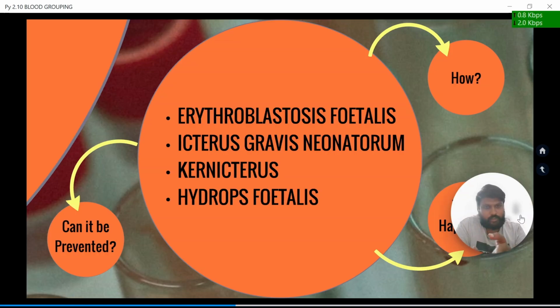Icterus is a yellowish discoloration that you see in neonates, so it is icterus gravis neonatorum. Kernicterus is when bilirubin crosses the blood-brain barrier and deposits in the basal ganglia of the brain. Hydrops fetalis is because of excessive destruction, and the head of the baby swells, with accumulation of fluid and enlargement of ventricles. We call that hydrops fetalis.